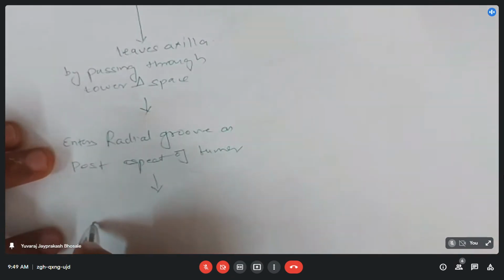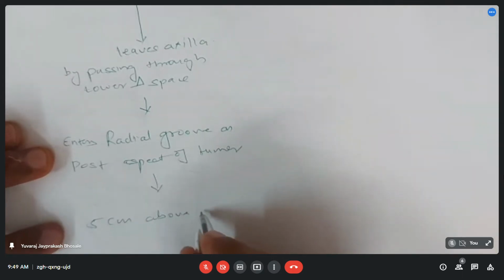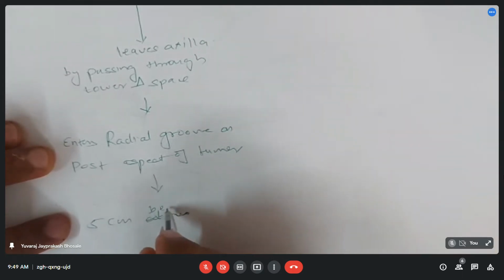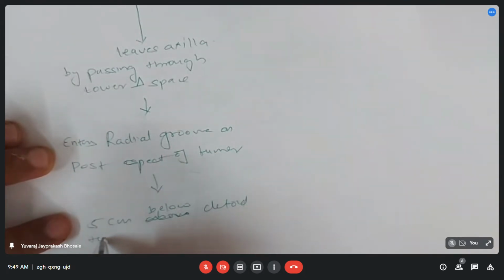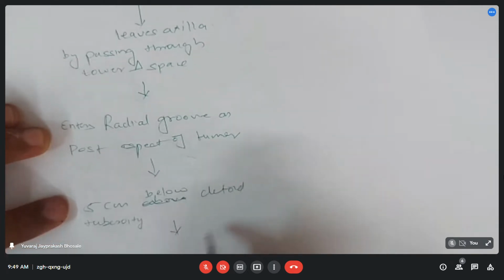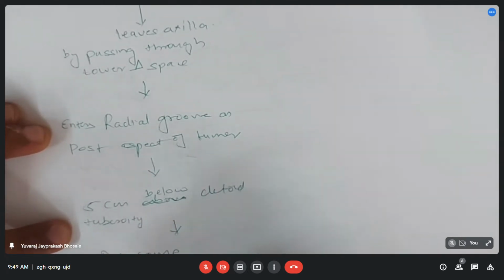Then 5 centimeter above to 5 centimeter below the deltoid tuberosity, it pierces the septum and goes to the anterior compartment, where it lies as the lateralmost structure.